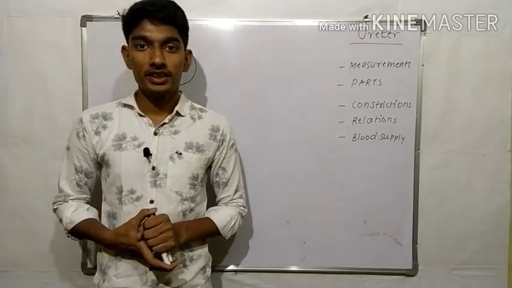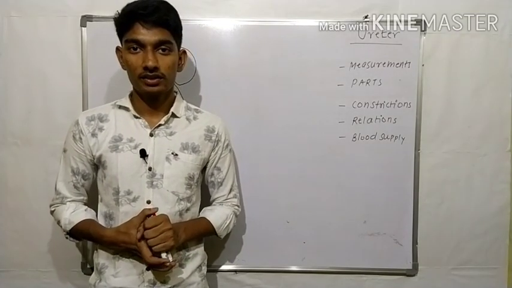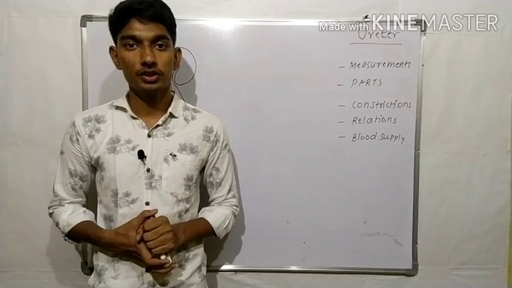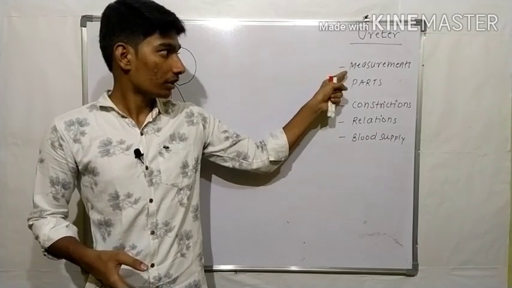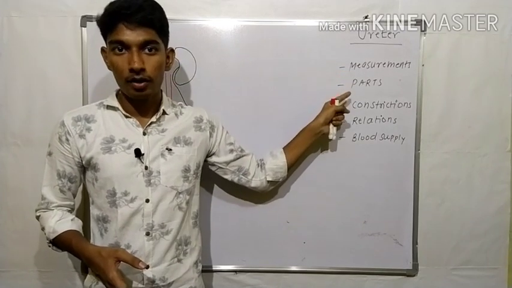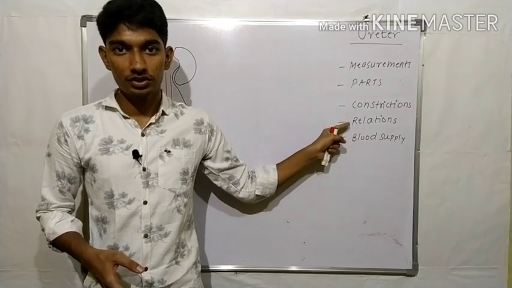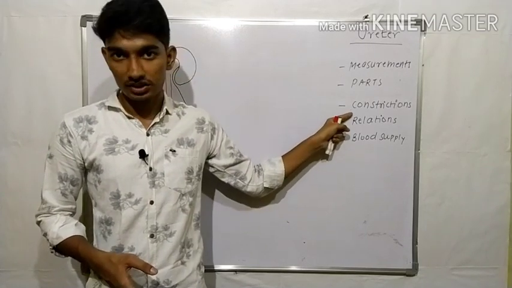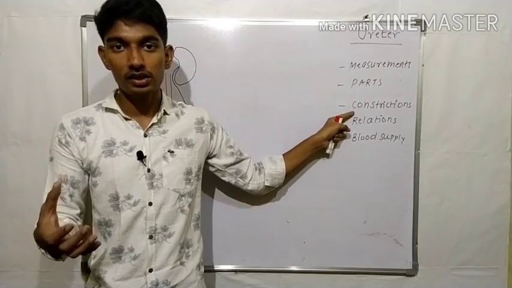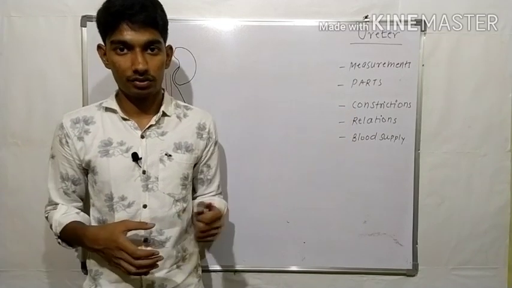After discussing kidneys and suprarenal gland, the next topic in the renal system is ureter. And this ureter we will study under the following heads: measurement, parts, relations, blood supply, and constrictions, various constrictions that are anatomical and surgical constrictions.